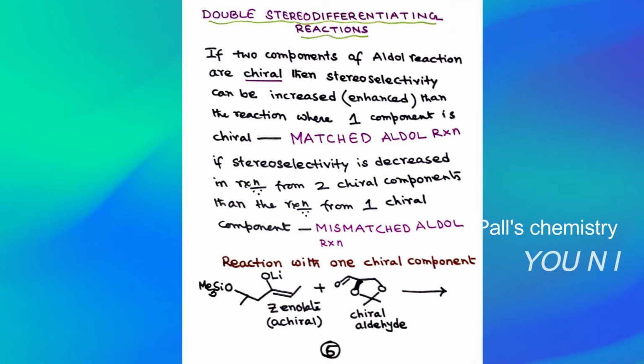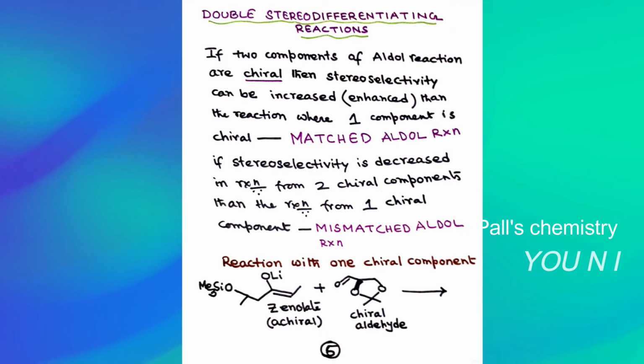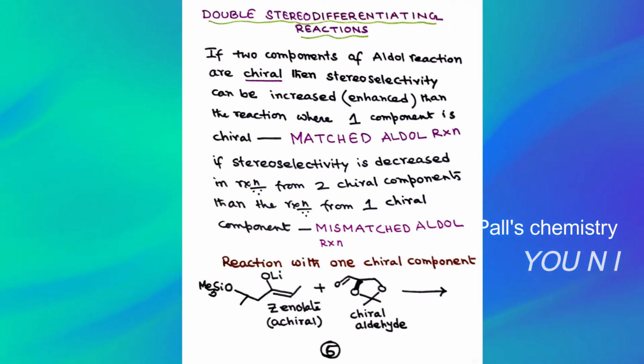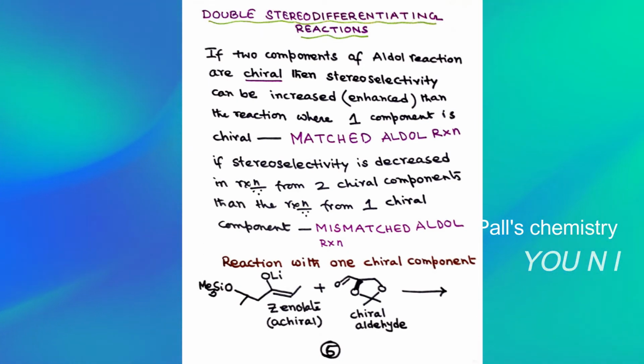Now, we are taking the chiral aldehyde and the achiral Z-enolate. In case of chiral aldehyde, the alpha carbon, means the carbon next to the aldehyde carbon, is chiral because that carbon is attached with four different groups. One is aldehyde, second one is oxygen, third one is CH2, and the fourth one is hydrogen.